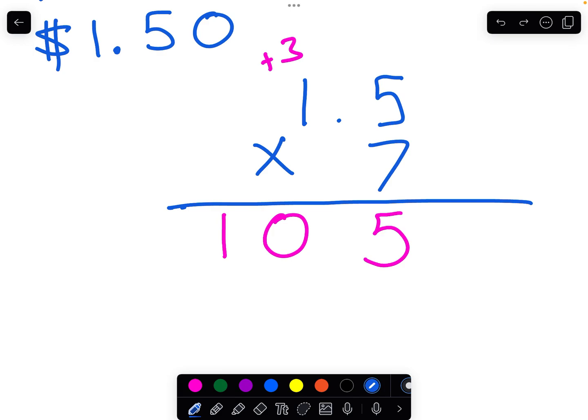And so what I'm going to do is move the decimal point 1 digit in. So basically the rule is the number of decimal digits in your factors, in both factors, you add those up, and that will be the total number of decimal digits in your answer.